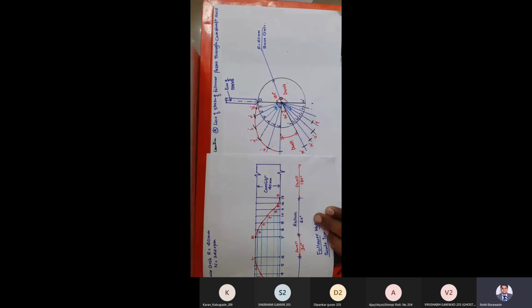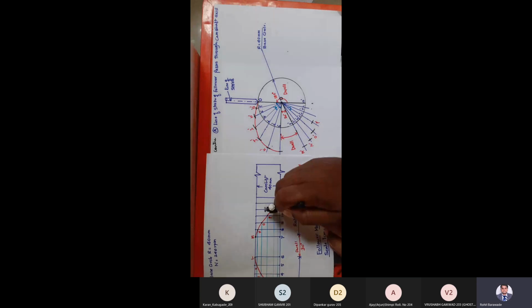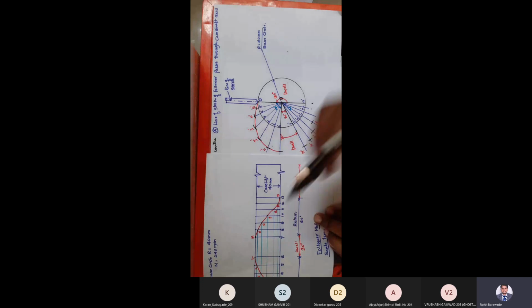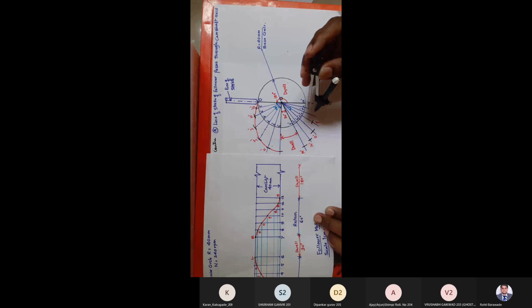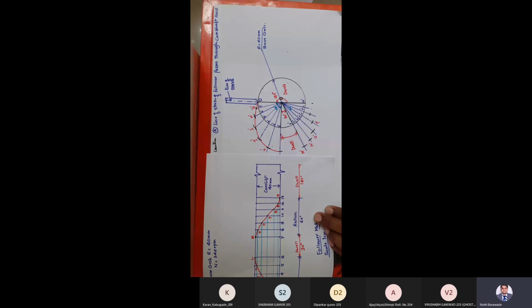Then here 11 to Q point, which is the Q dash point, right?